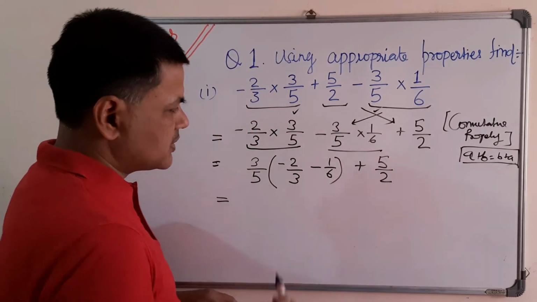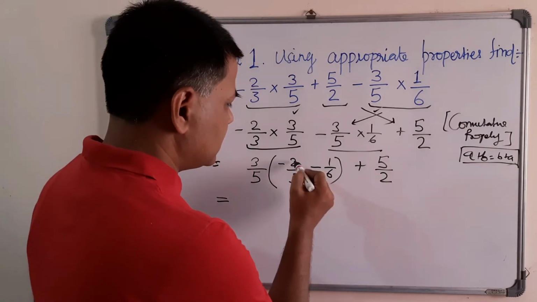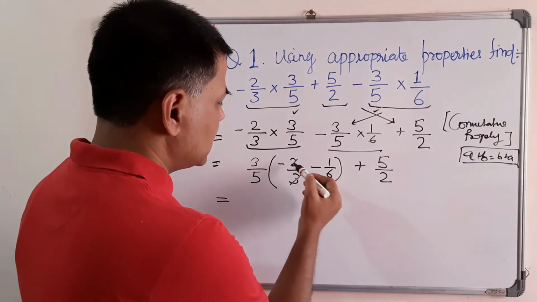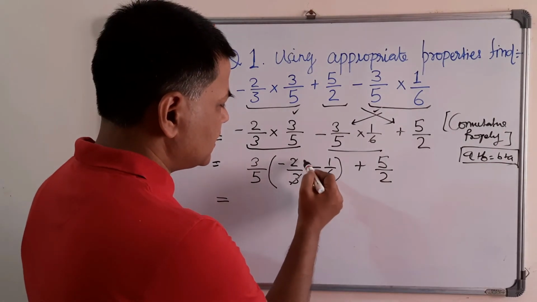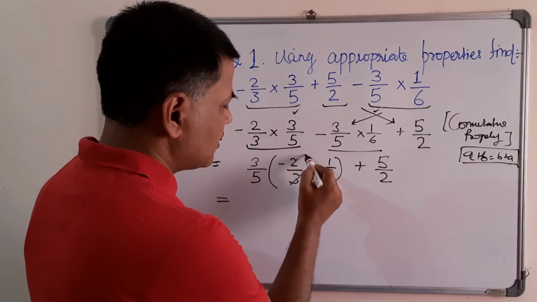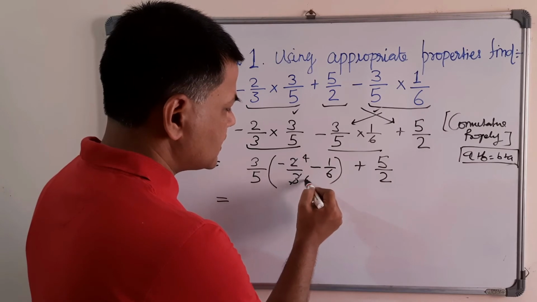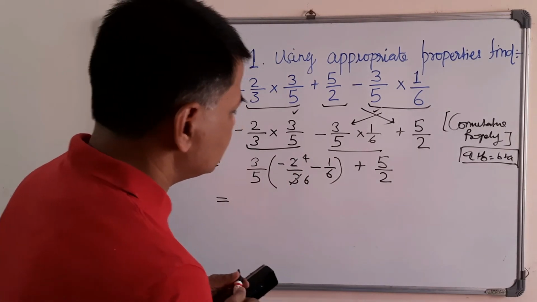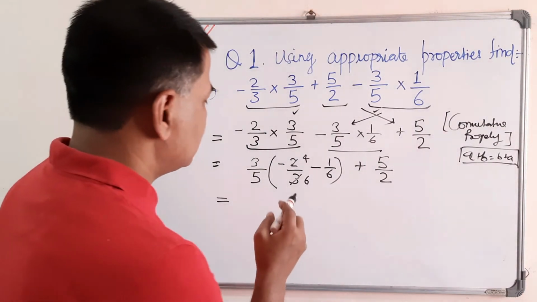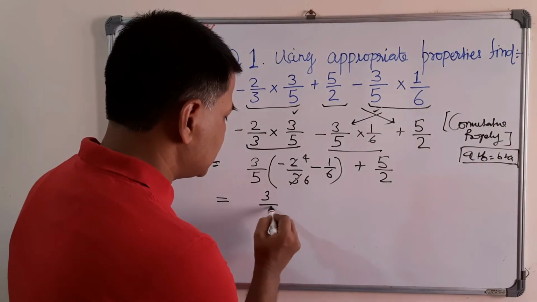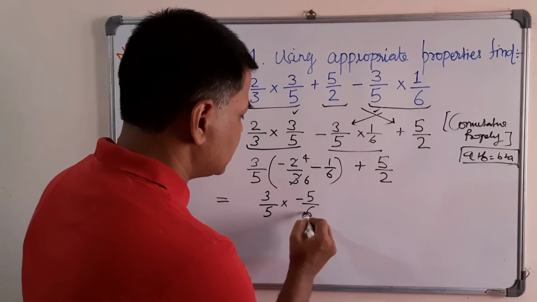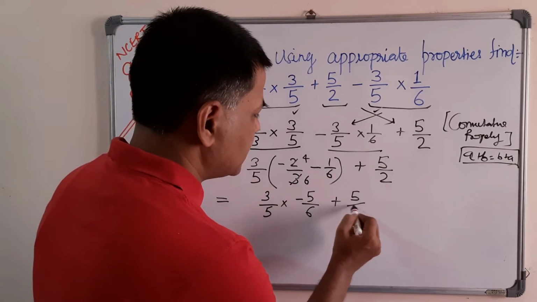Next, it is a simple sum. Now we have to solve. 2 by 3 we can write as, if you multiply by 2 in numerator and denominator, 4 by 6, and minus 4 by 6 and minus 1 by 6 will become minus 5 by 6. So it will become 3 by 5 into minus 5 by 6 plus 5 by 2.